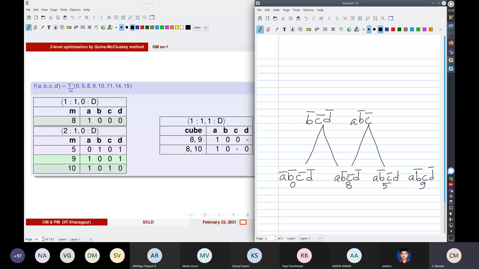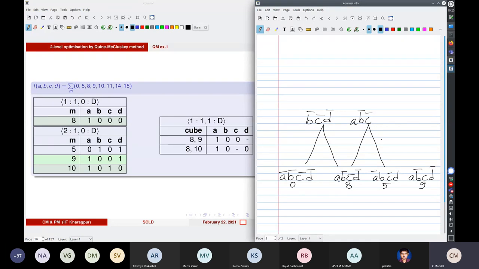I think I made a mistake here. 5 should be 9. I made a mistake here. This is 9. 5 is 0, 1, 0, 1, and this is 1, 0, 0, 1.